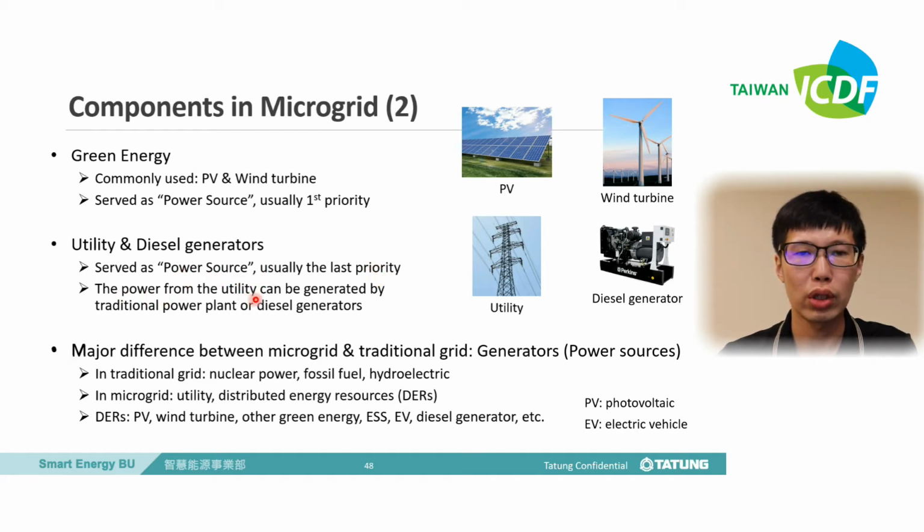The power from the utility can also be generated by diesel generators, or by the traditional power plants. And the major difference between microgrid and traditional grids is the generators, or more precisely, the power source.